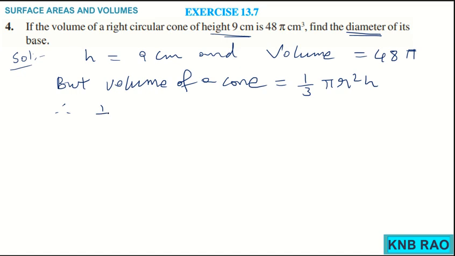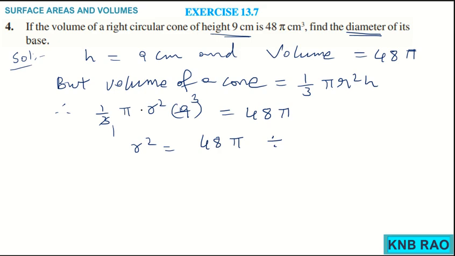Therefore 1/3 pi r square, h is 9, I substituted that, equals 48 times pi. So 3 ones are 3, 3 threes are 9. So r square equals 48 pi divided by 3 pi. The pi cancels. 48 divided by 3 is 16. r square is 16.